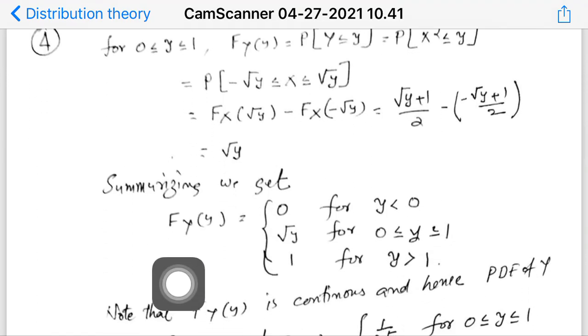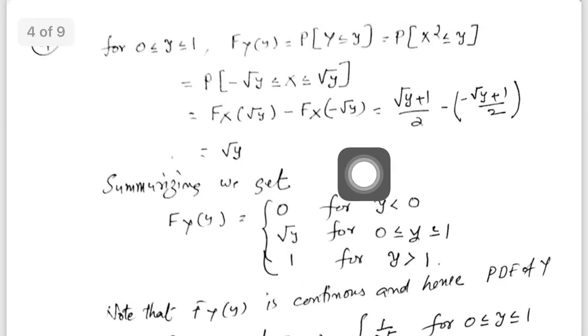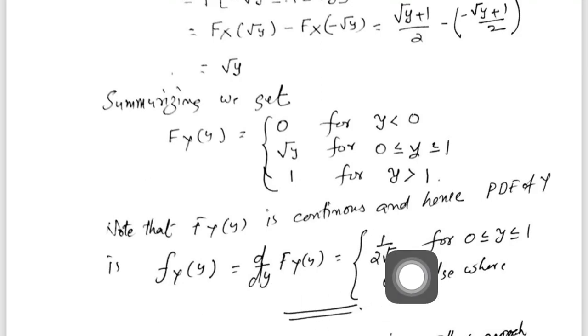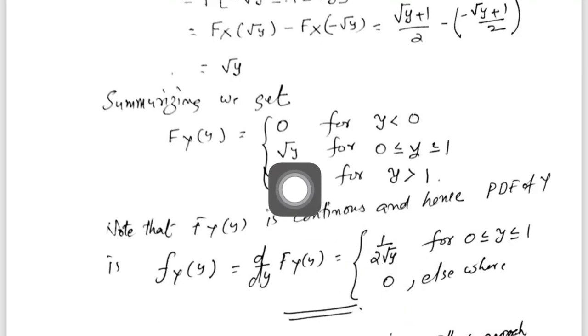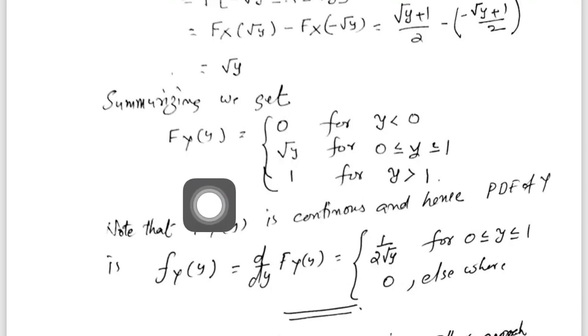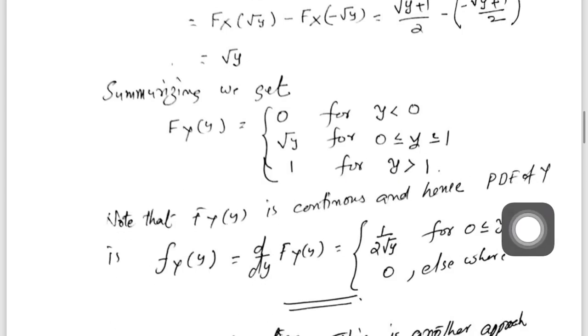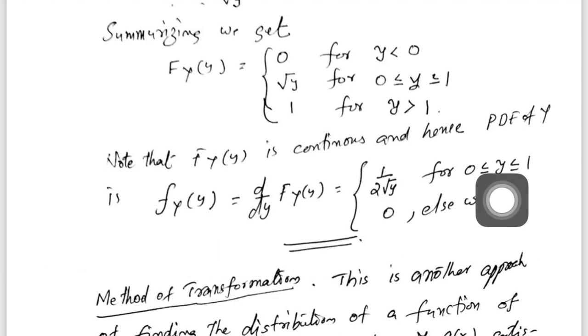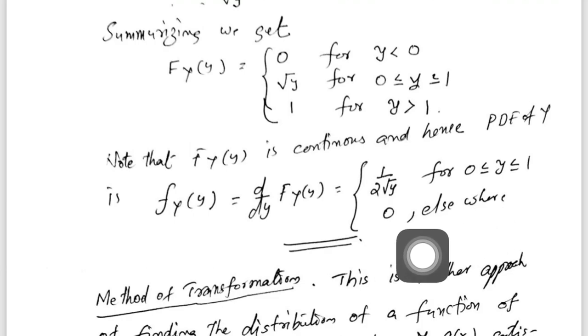Okay, so summarizing, the distribution function is this, and then you find the derivative of it, that is equal to 1/(2 root y), because here F of y is equal to root y, so its derivative is 1/(2 root y), and for 0 and 1 the derivative is 0. Therefore the density function is consolidated like this: f of y is equal to 1/(2 root y) for y lying between 0 to 1 and 0 elsewhere.